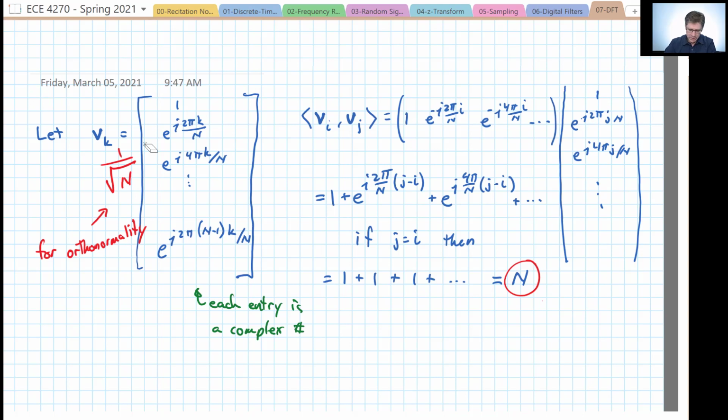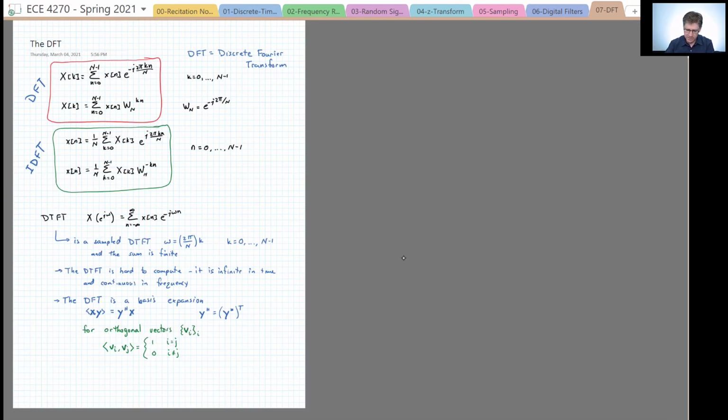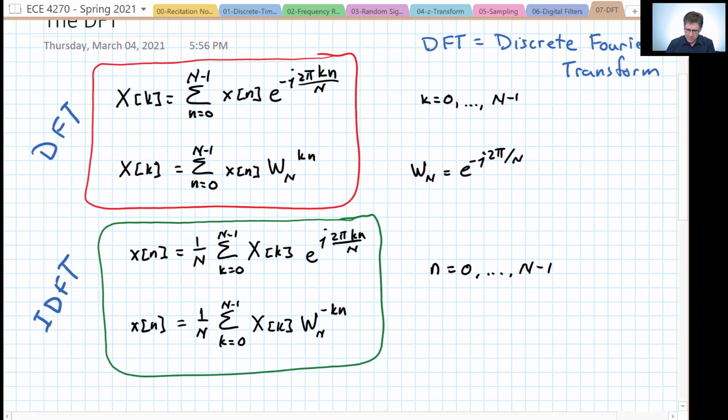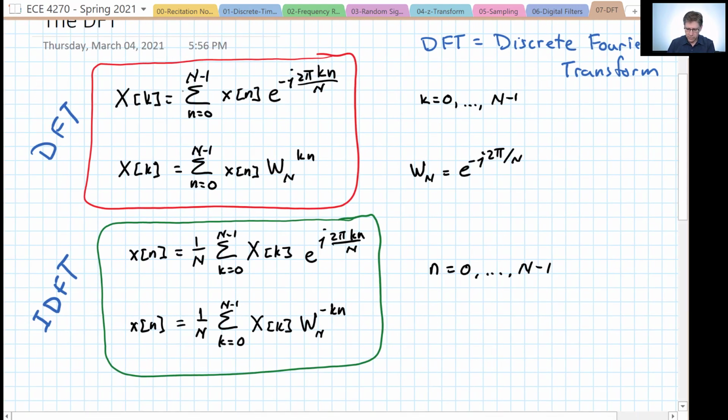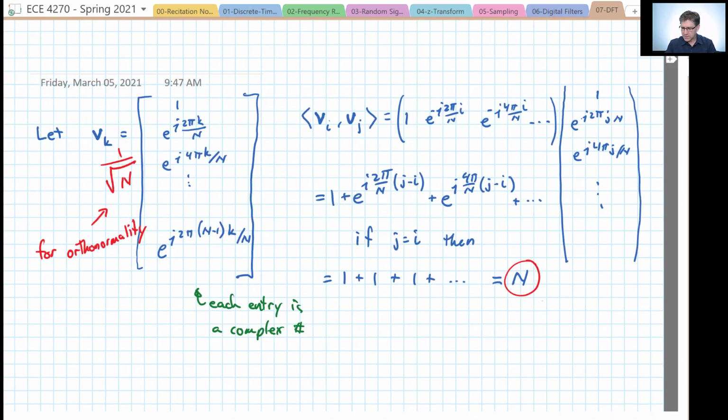If we did that, that would change the DFT to have a 1 over the square root of n in front of the forward DFT and a 1 over square root of n in front of the inverse DFT. Well, that seems a lot more mathematically elegant. Why didn't we do that? I think it was for historical reasons.